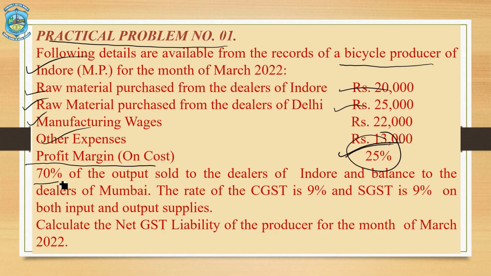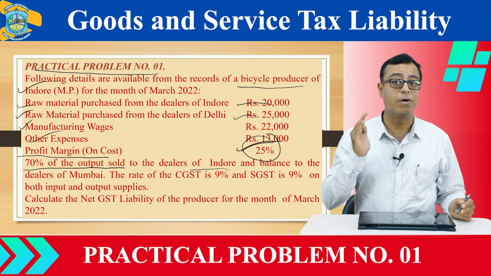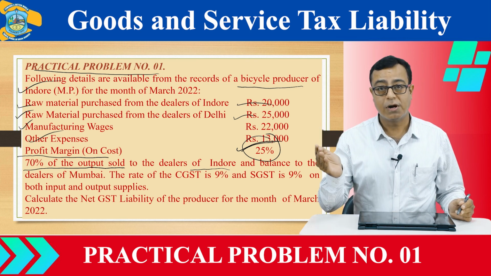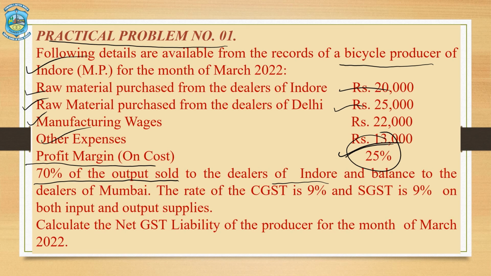Please keep focus on this particular line. 70% of the output they are selling in Indore, means it is intra-state supply. Intra-state supply, goods are moving from Indore to Indore, and the balance 30%, they are selling to the dealers of Mumbai, means it is inter-state supply.